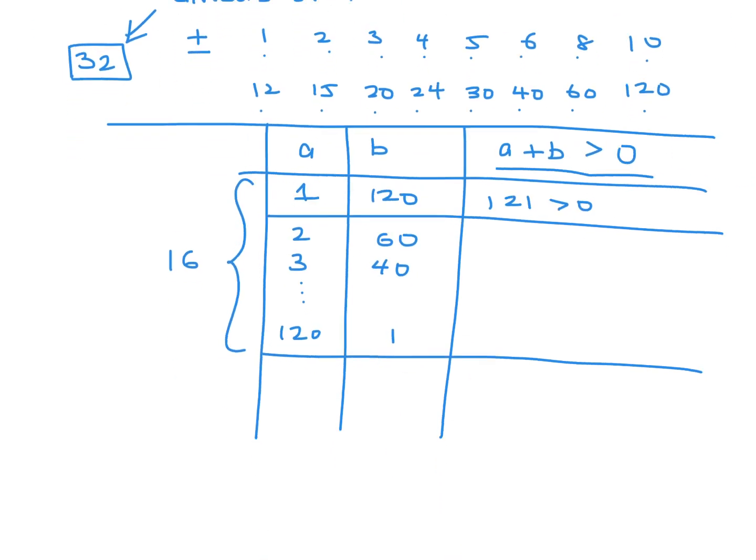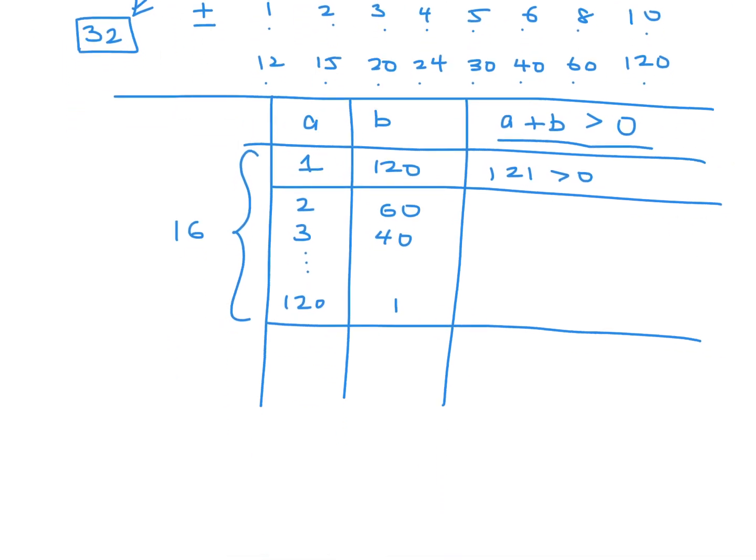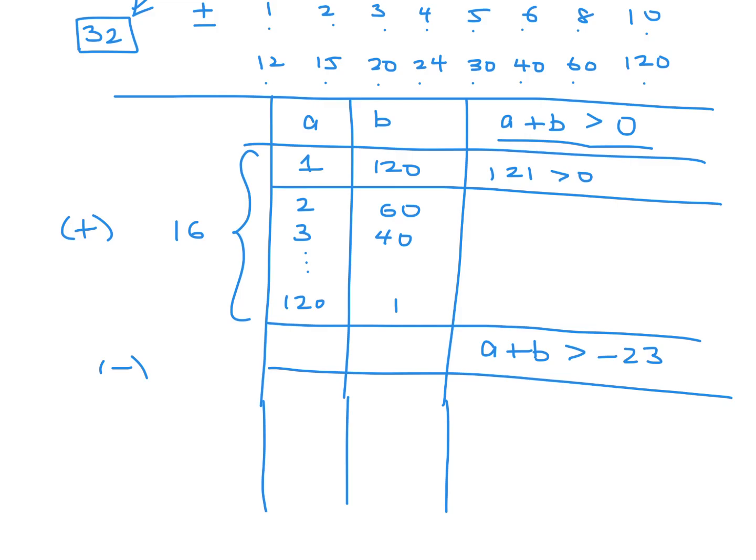Okay, so then we will look into the negative ones. So these were the positive divisors. Now let's look at the negative divisors and see what kind of a story we get. You just have to crunch through these to get any that would give you greater than minus 23. Looking just at the negative numbers, the only ones that actually fit are minus 10 and minus 12, because that would give you minus 22, which is greater than minus 23.